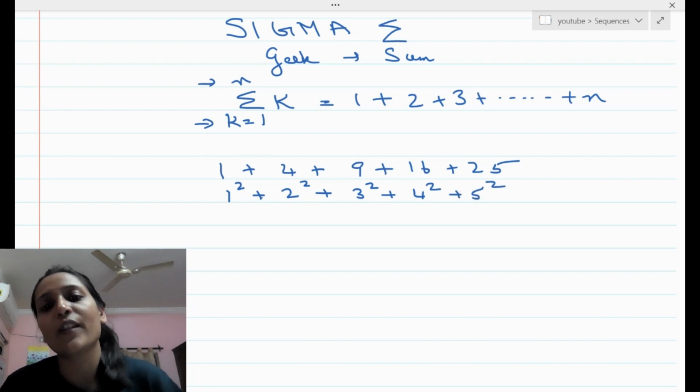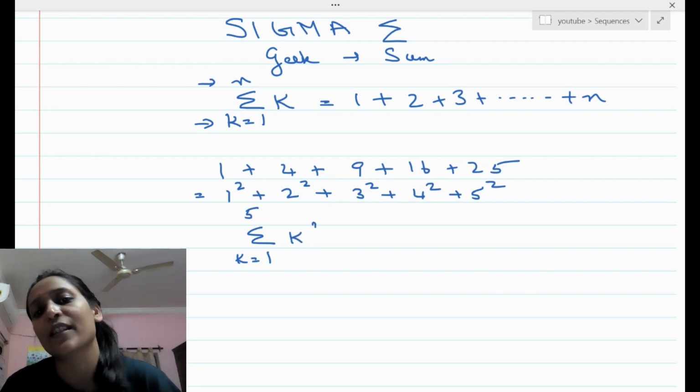So instead of always writing this huge series, I can use the sigma notation. Our series begins with 1 and ends with 5 squared, so my values would be k equal to 1 to 5, and I can just write this as k squared. Iteratively, my values would be squared and added up, and this would be the sigma notation for this series.